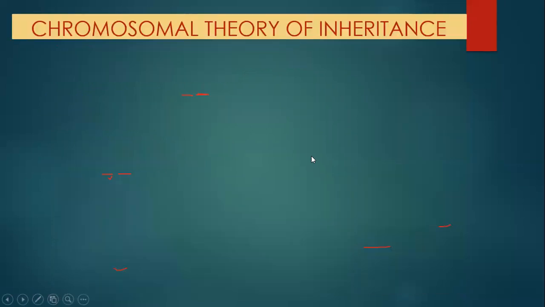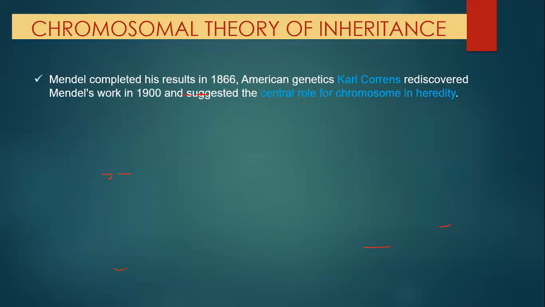Then came the chromosomal theory of inheritance. Mendel completed his results in 1866. Carl Correns rediscovered Mendel's work in 1900 and suggested a central role of chromosomes in heredity.